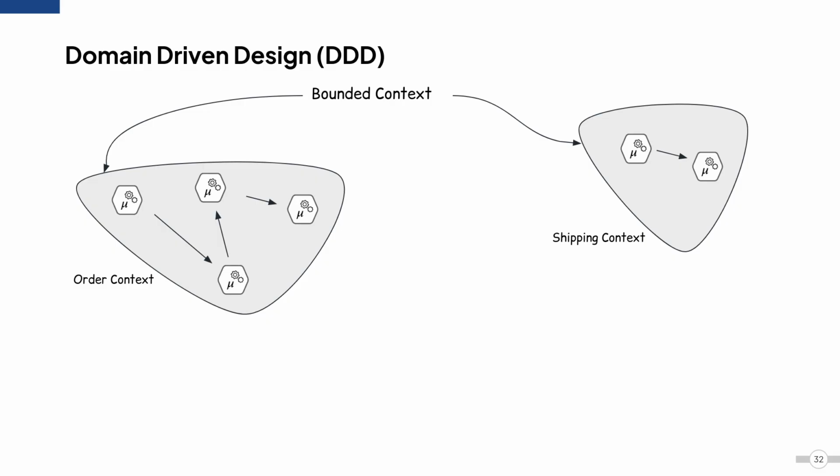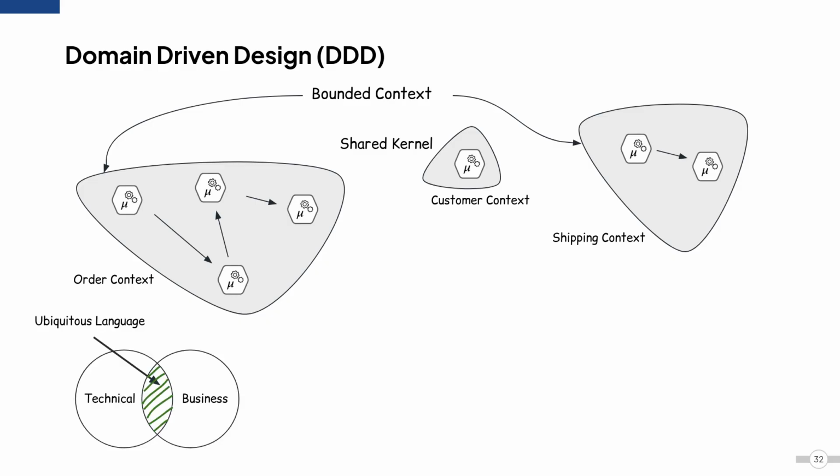And maybe these two different contexts may be sharing data, like the customer context may be involved in both the shipping context as well as the order context. And here the important thing is this bounded context is usually architected along with your business domain.